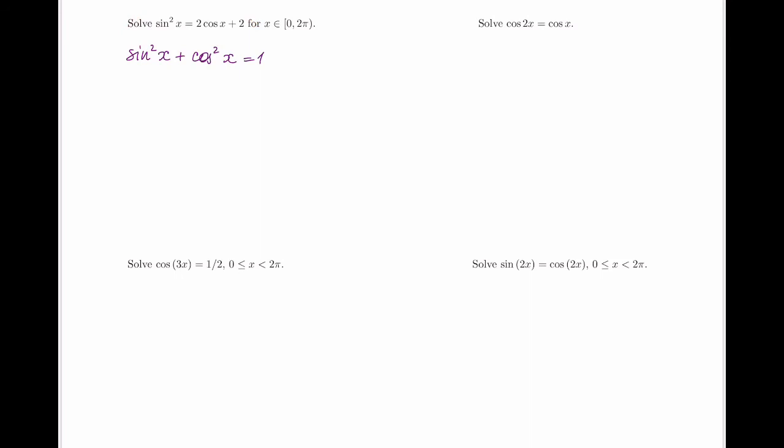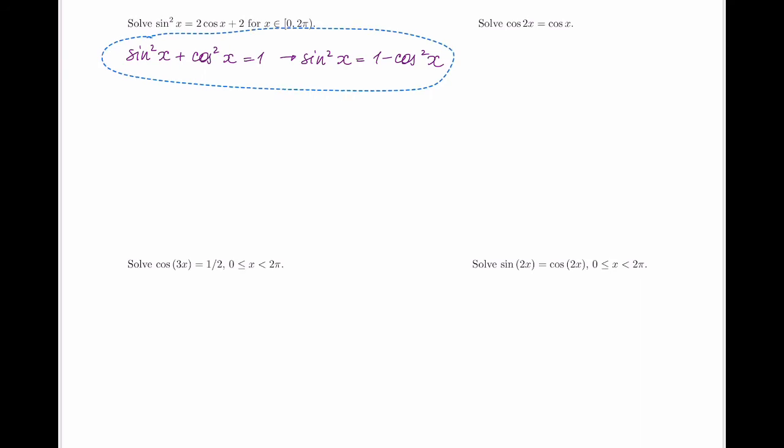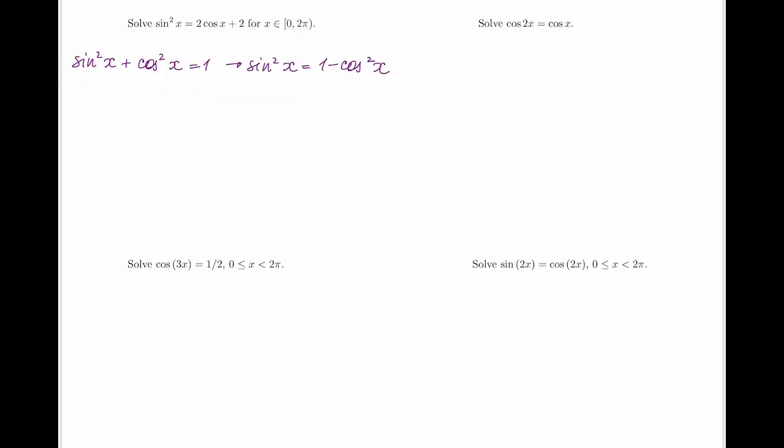So solving this for sine squared will give us that sine squared x is 1 minus cosine squared x, and we can plug this entire side, instead of sine squared, back into the left-hand side here. So what we will get then is 1 minus cosine squared x equals 2 cosine x plus 2.